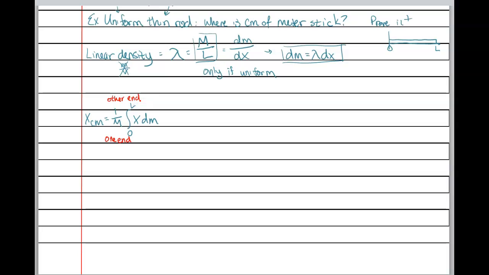Now, if you know the length of the object, you'll plug that in for L, because that's how far away the other end is.